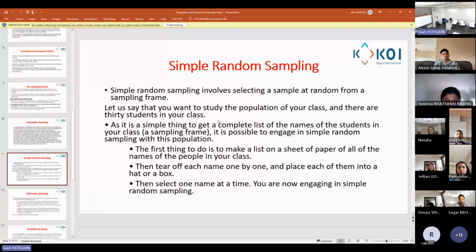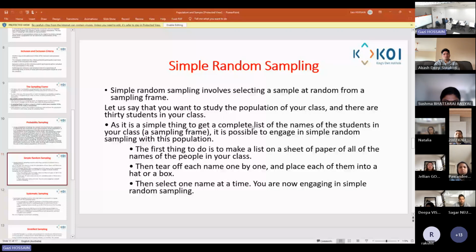So any 10 from your class can be drawn, and it can be a simple random sample. As it is a simple thing to get a complete list of the names of the students in your class, which is a sampling frame, it is possible to engage in the simple random sampling technique with this population of 30.